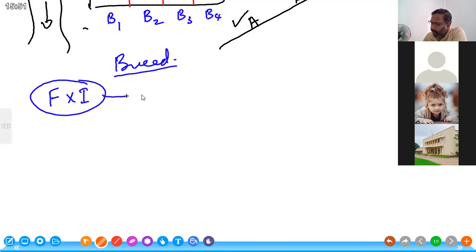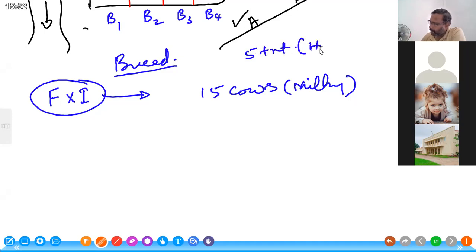So we have Frisian and Indian cross, maybe the first generation, not the second or third generation. Let's say in the first generation we have 15 milking cows. Now I'm going to apply 5 treatments.